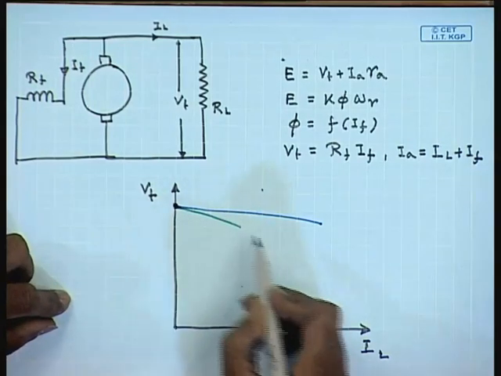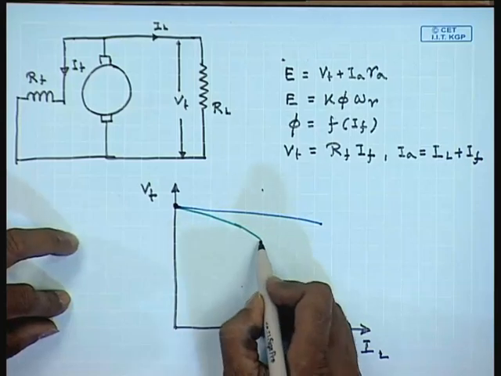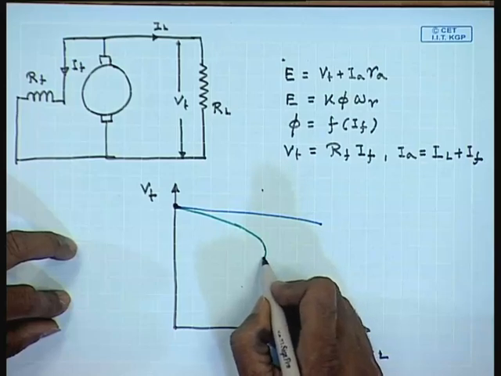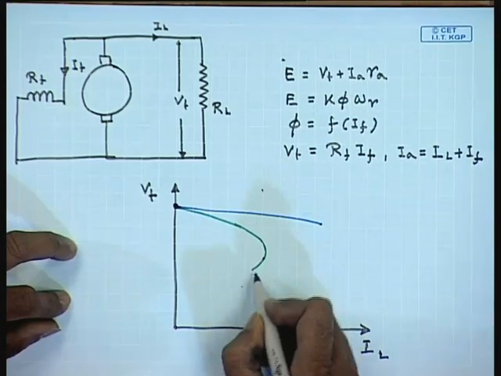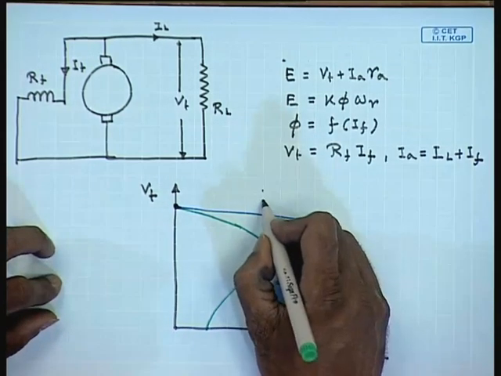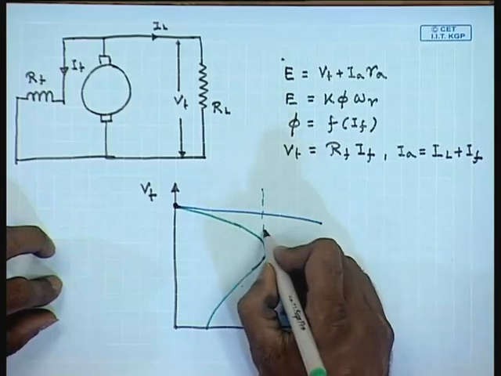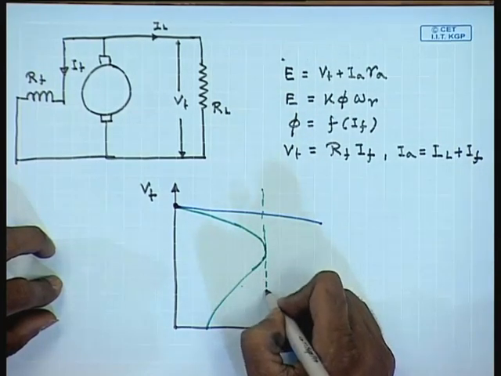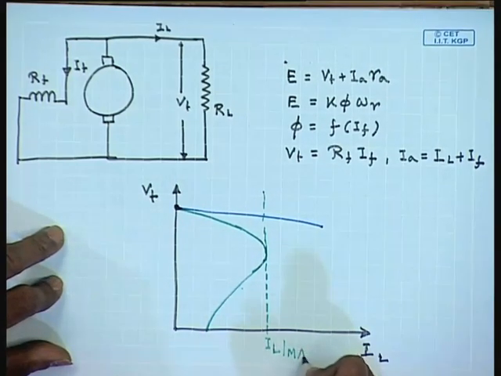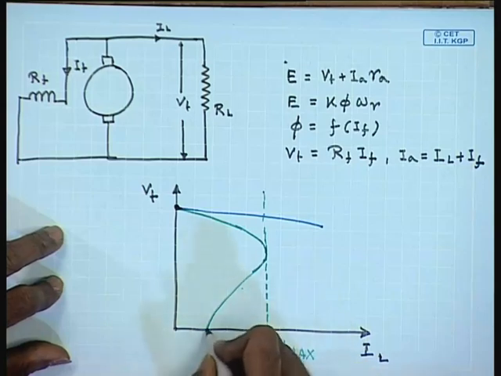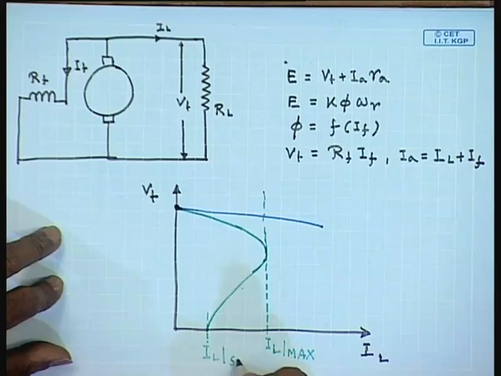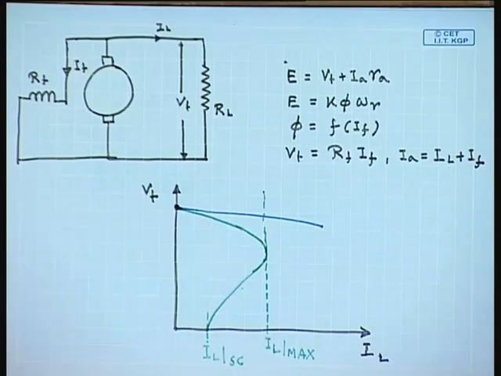In fact, if we increase the load, the load current will increase up to a certain value, after which it will decrease, and even when the machine is short circuited, there will be only a finite load current ILSC flowing into the machine.